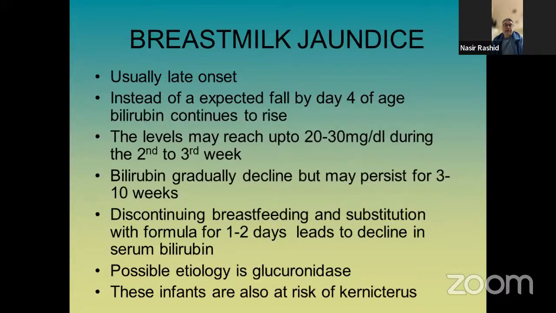And the possible etiology is glucuronidase, as we've talked about, that the conjugated bilirubin gets reconverted into unconjugated and gets reabsorbed. Interestingly, if breast milk jaundice reaches a certain threshold, it can lead to kernicterus. So do not take breast milk jaundice as something very benign. Next slide, please.